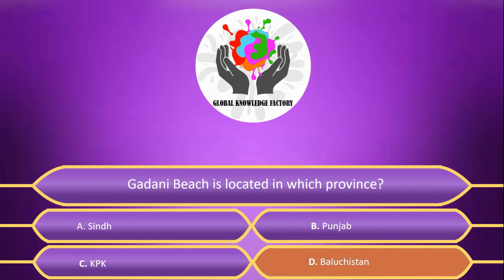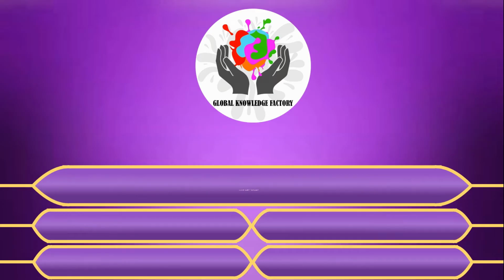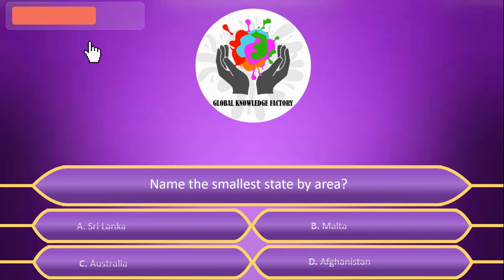Answer is Balochistan. Which country does the Karakoram Highway connect Pakistan with? Answer is China. Name the smallest state by area.